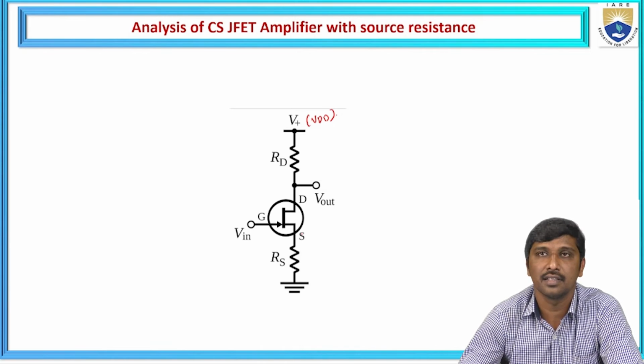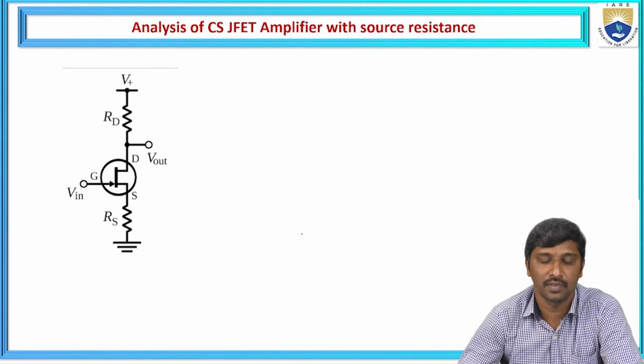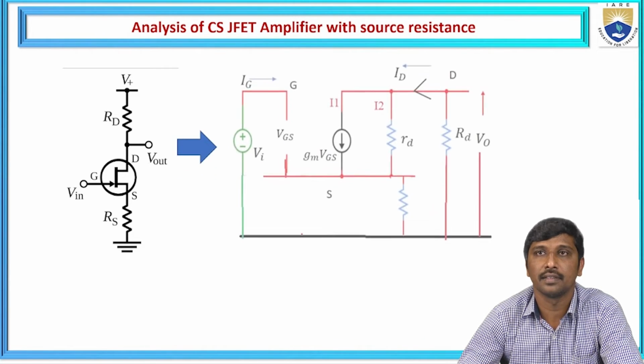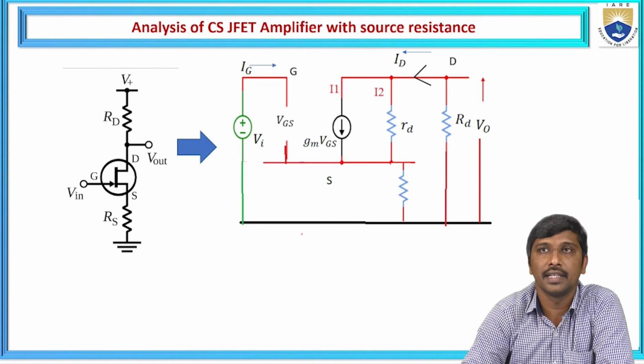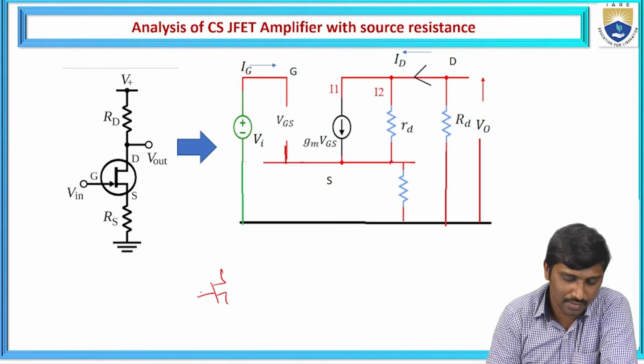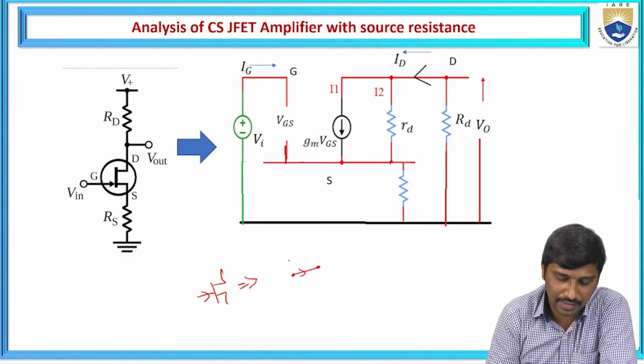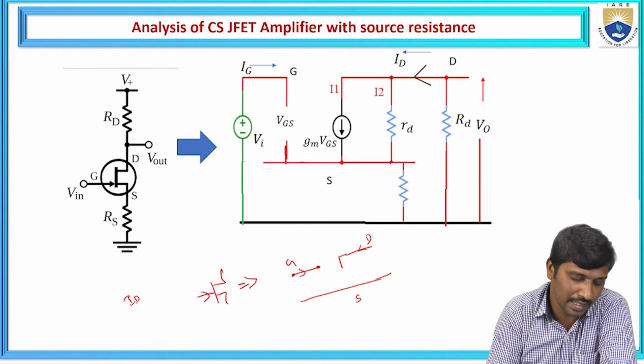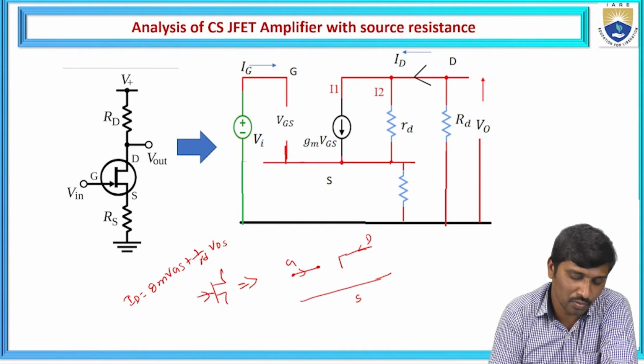with source resistance. So we know this is the JFET, and for this case the small signal model has the gate side, and the output side contains the drain, with the source as the common terminal. Based on the ID relation, we know that ID is equal to Gm into VGS plus 1 by RD into VDS.